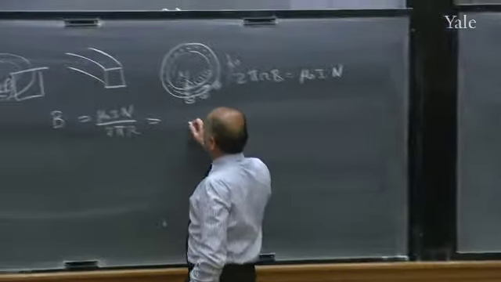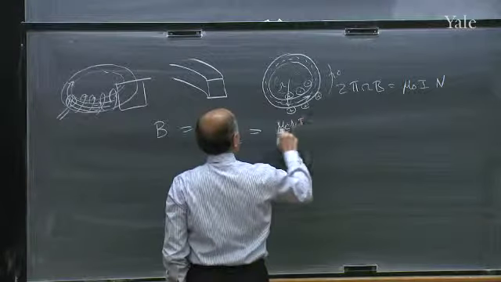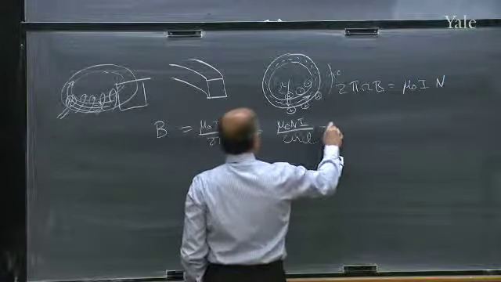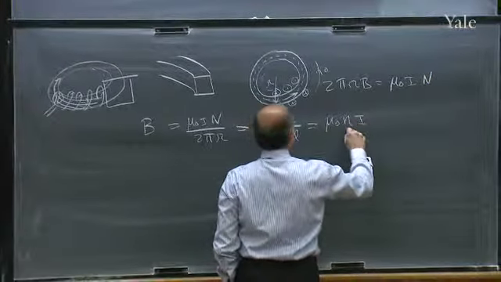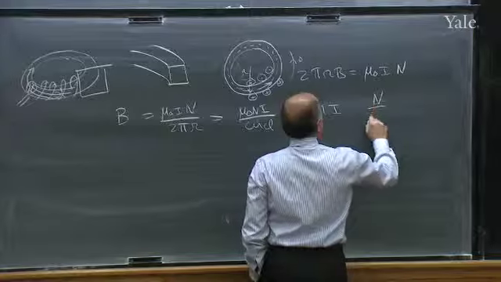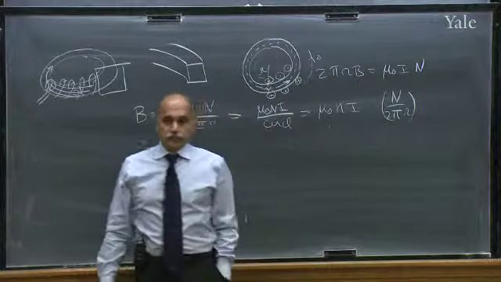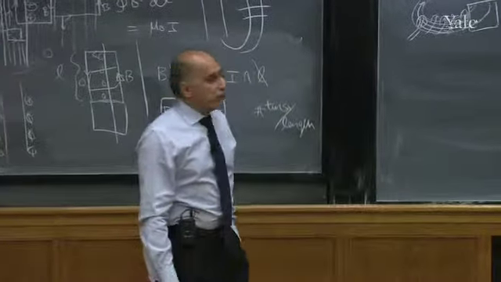Well, you can see the field is mu 0 n I divided by 2 pi r, where 2 pi r is just the circumference of the circle. So it's going to be mu 0 little n times I, because little n is big N divided by 2 pi r. See that?